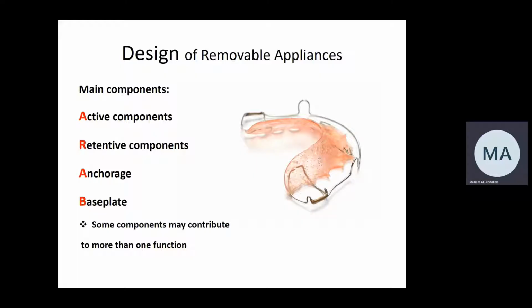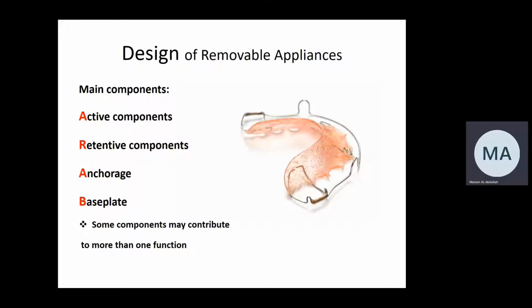The teeth that we want to move are called the active unit. The teeth that should stay still are called the anchorage unit. To be able to control anchorage, we have to have as little as possible in the active unit, and as much as possible in terms of number of teeth and root surface area in the anchorage unit.